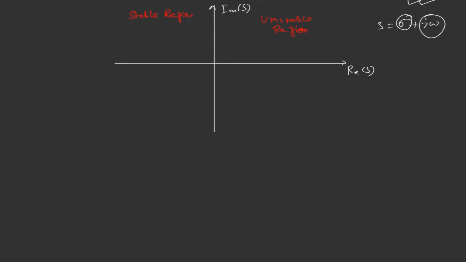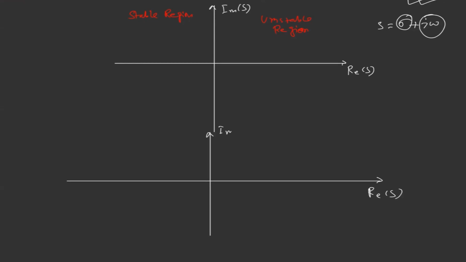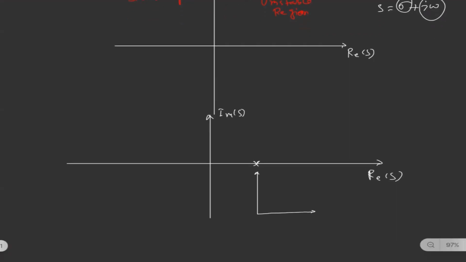Let's assume another plot. This is RE of S, this is IM of S. If the poles lie on the right hand side on the real axis, the response will be divergent, something like this.